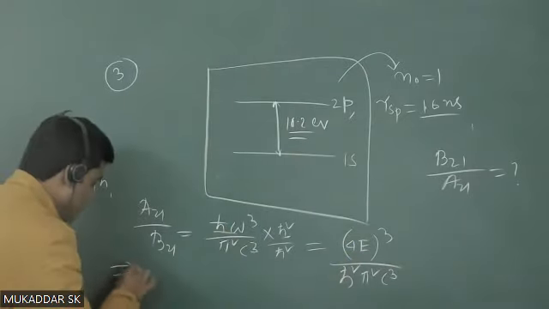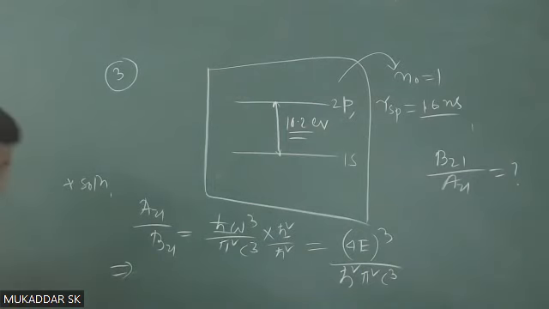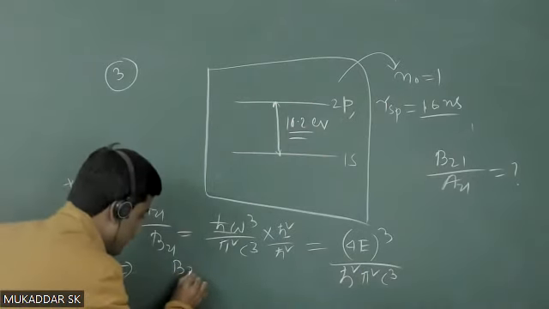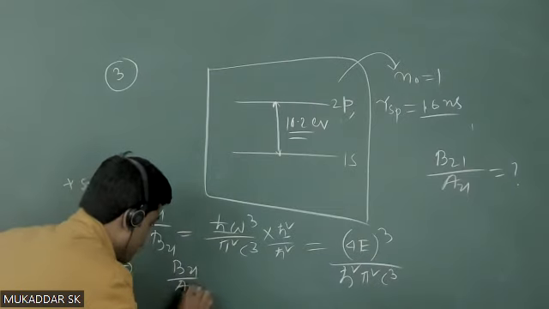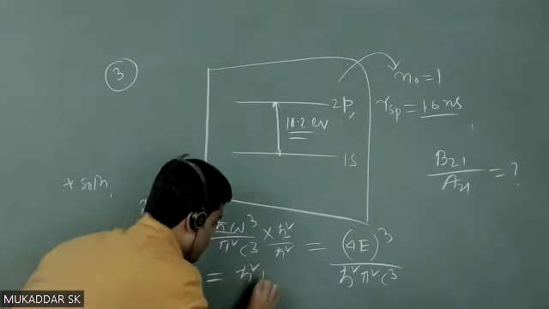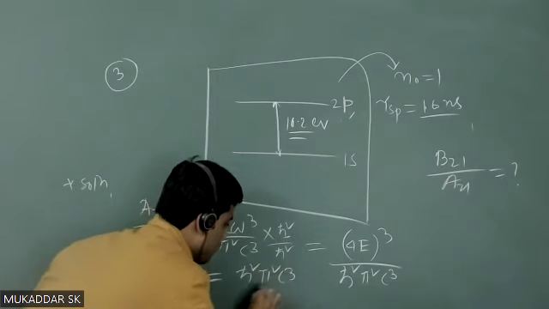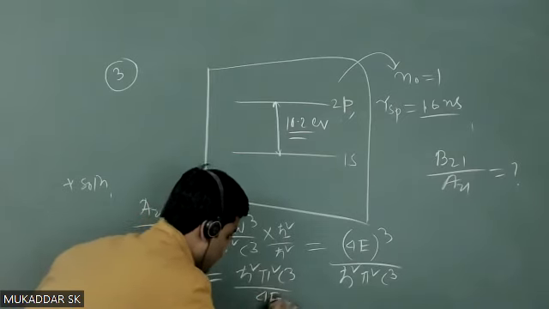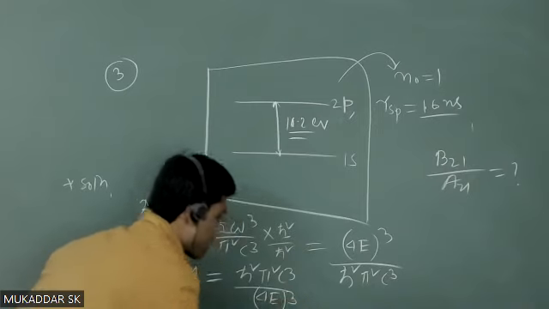But they ask to calculate B21 by A21, so I'll just reverse it. B21 by A21 should equal H cross square pi square C cube divided by delta E to the power cube.